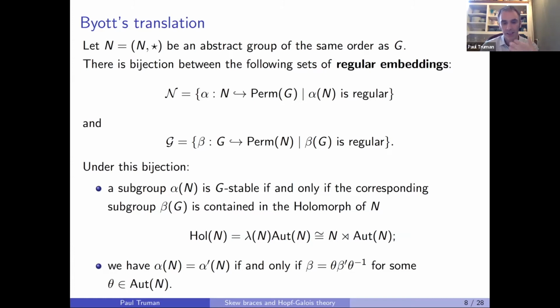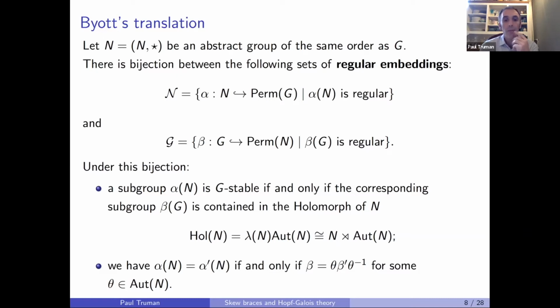So think of it as lambda of N, Aut N, sitting inside the permutation group. But I also want to remind myself that I can think of it as the external semi-direct product of N and Aut N. So the first bullet point tells me when something in the first set is G-stable.